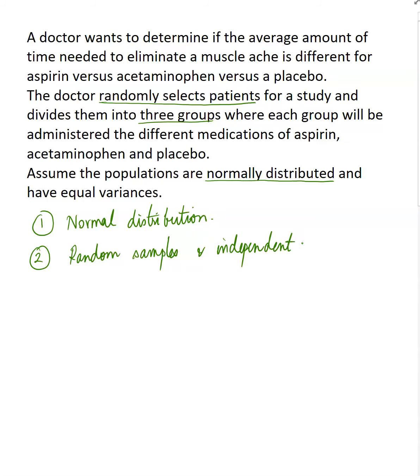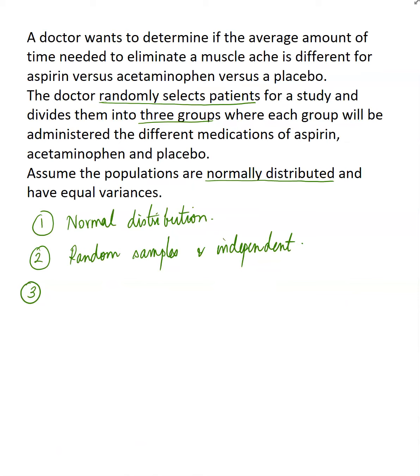So they are divided into 3 groups, so you don't have the same patient in 2 groups at the same time. That cannot be. They will be in 1 group only. So the independence is established. That is what we mean here, right? So the same individual cannot be in more than 1 group. That will make it dependent. So they're all independent.